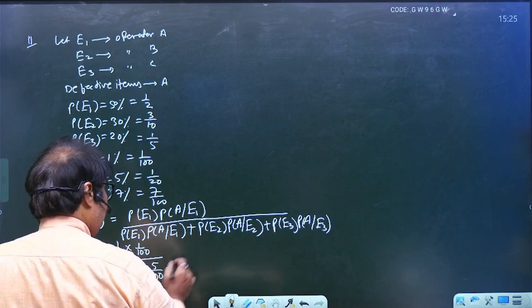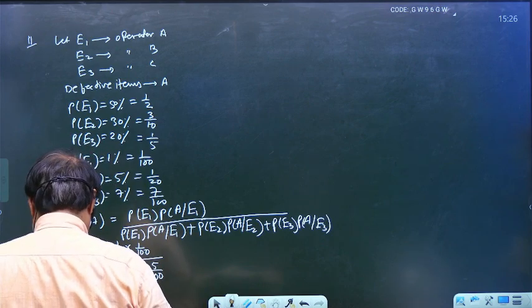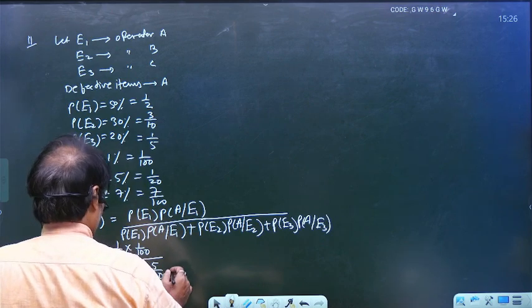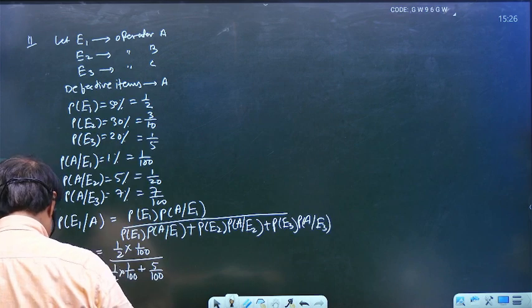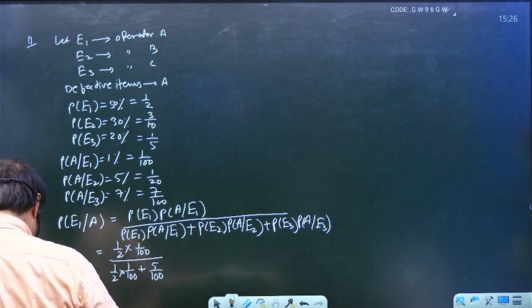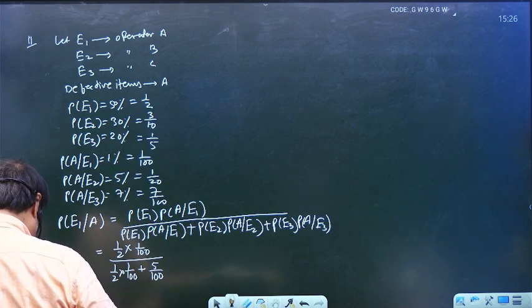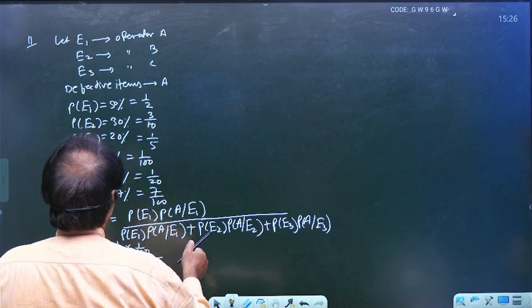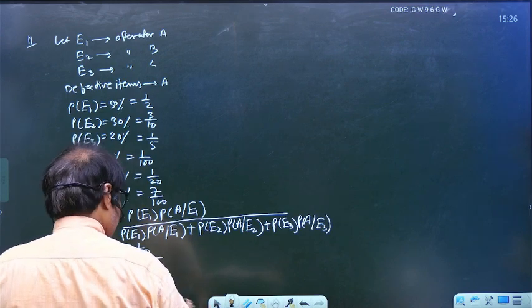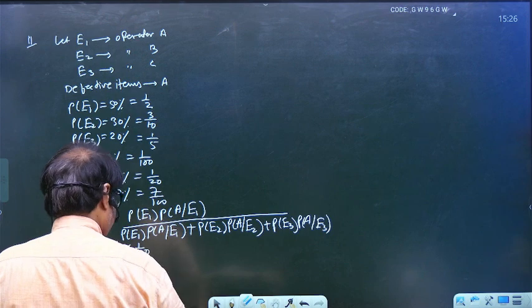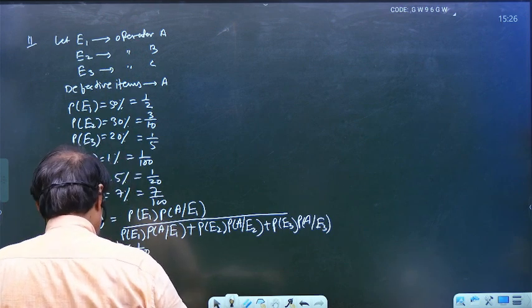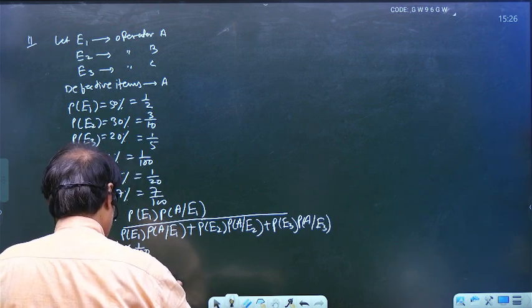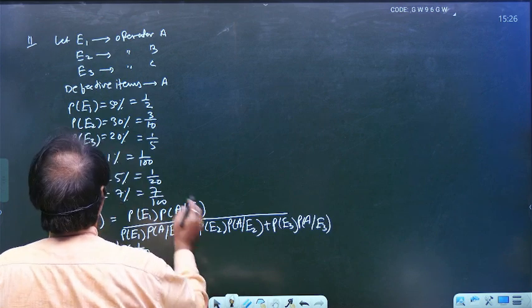I am taking in 100, and A by E2 is... E2 is 3 by 10, 3 by 10, into A by E2.